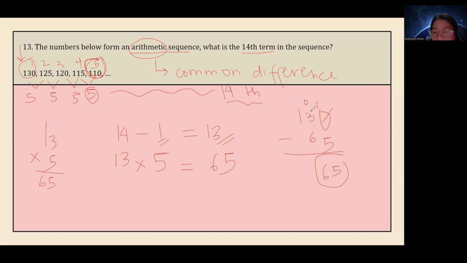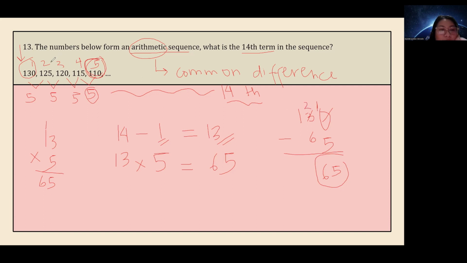This one is 12, 12 minus 6, that's 6. 10 minus 5, 5. So we can still get 65. The same answer. It doesn't matter where you would start.